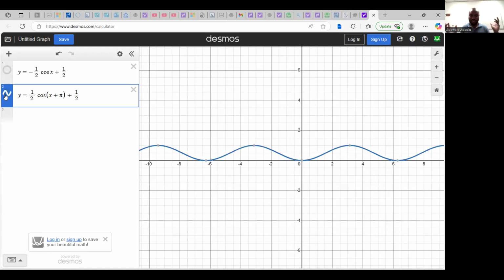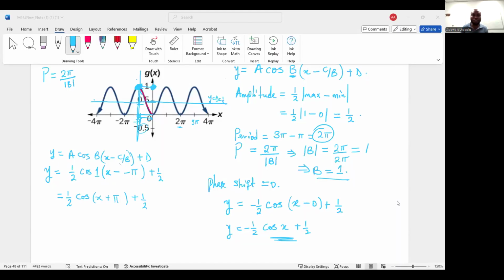If I open one, I have the graph. If I open both, they overlap. So that means they are the same thing. Let me go back to my notes now. We have learned that all we need to do is to ensure that we do the right thing. There are so many equations that will lead to that same function. I hope that makes sense to us.